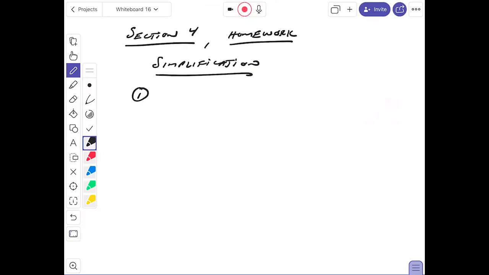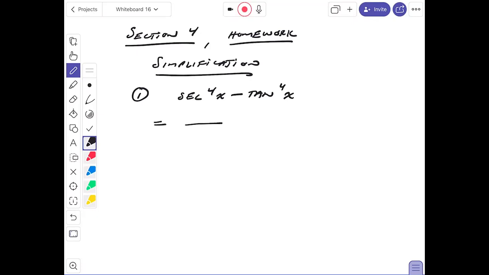Let me write this down for you. Now I realize what students are saying, what do you mean factor that? Well, for a lot of students, what I would tend to do is write things in terms of sines and cosines first.